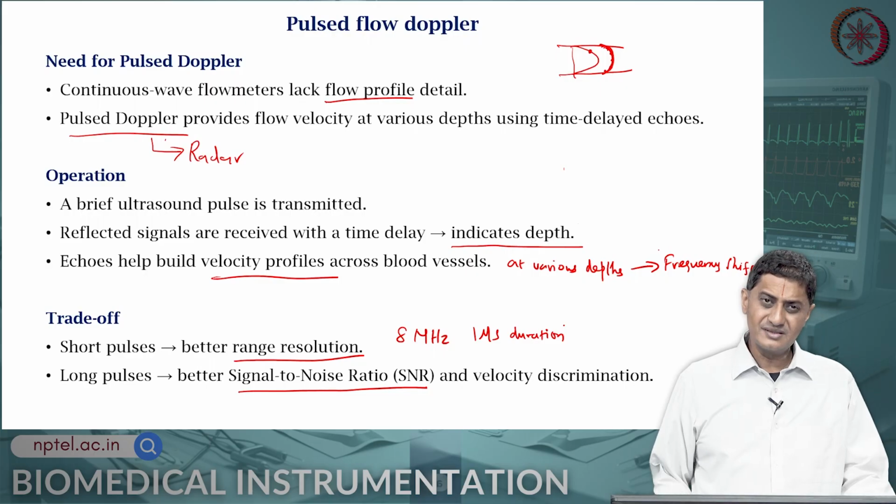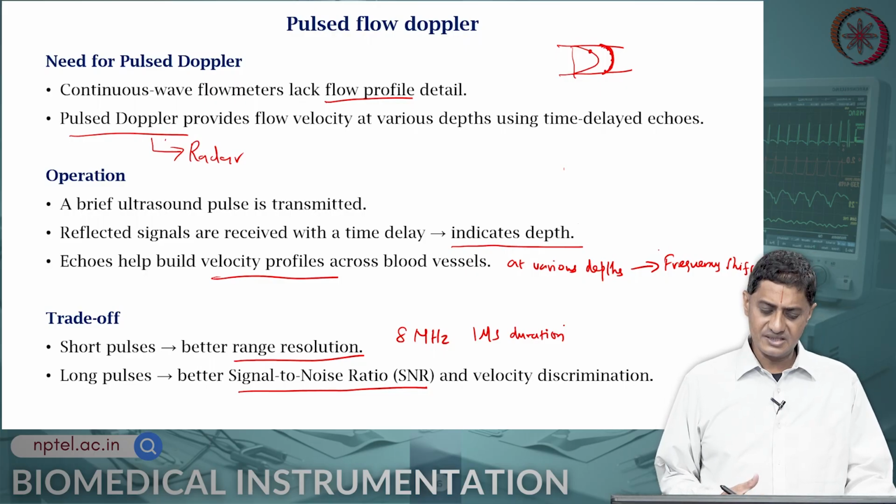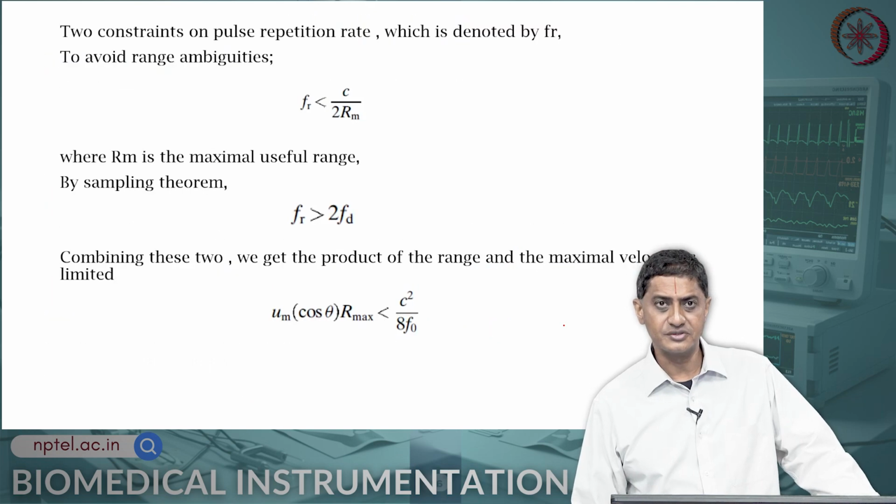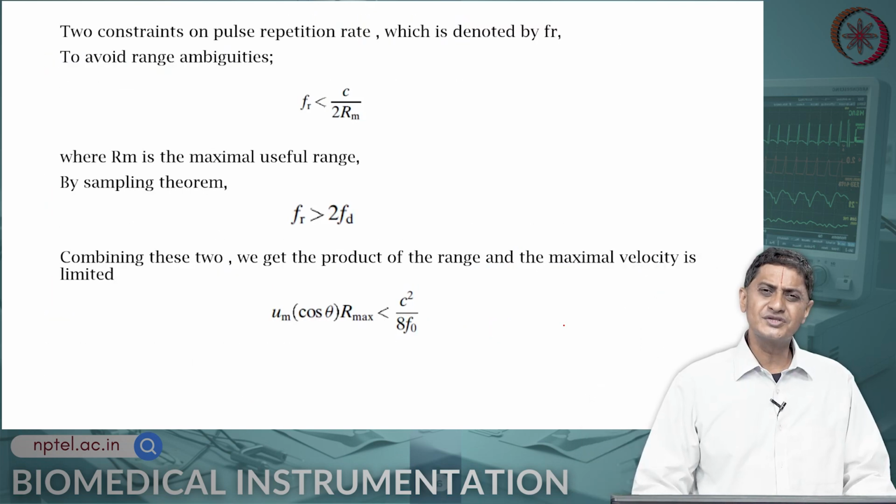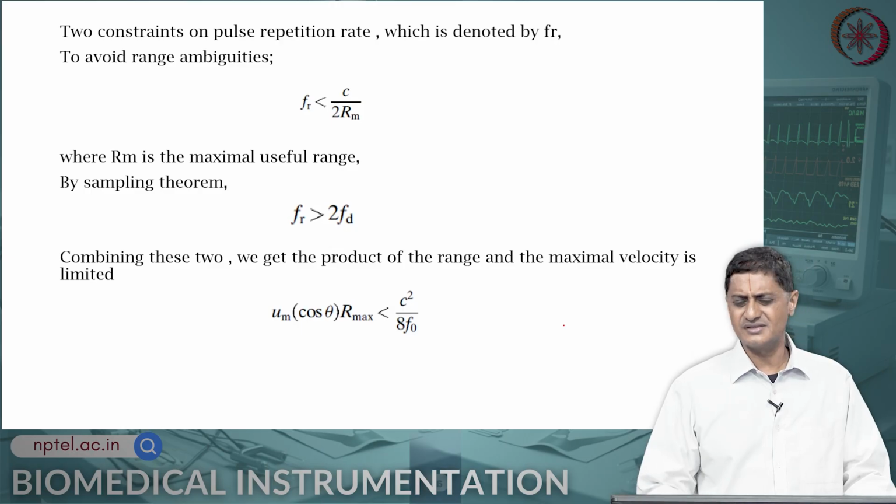Now, this essentially leads to a situation in which I can have both better range resolution and better signal to noise ratio. To avoid confusion about the range or the ambiguities of range, there are essentially these two constraints.